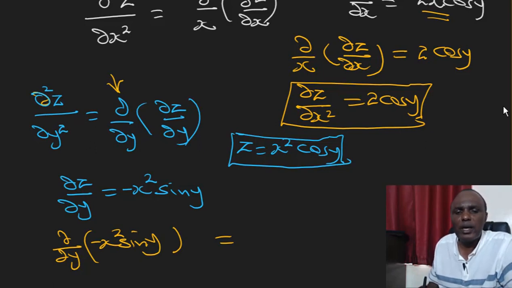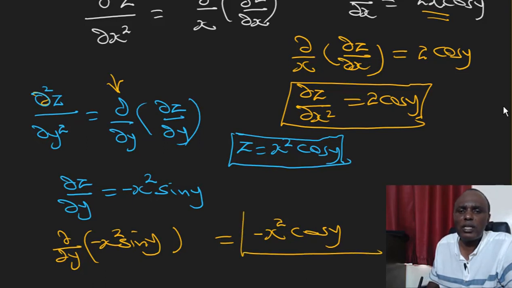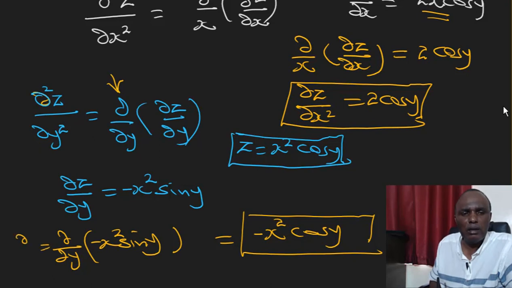So x is constant, so it becomes x squared there. If we differentiate sine y, we get cos y. So this is negative x squared cos y, and we have gotten the other part, that is ∂ squared z over ∂y squared.